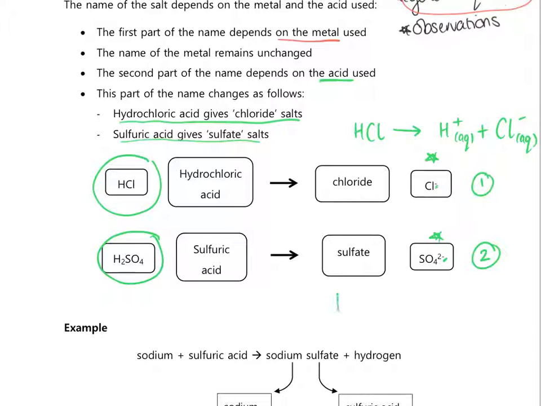Same thing with sulfuric acid. It's H2SO4. It dissolves in water to give me hydrogen ions because it's an acid, and also sulfate ions. But have a look here, you've got H2, and that means I form 2 hydrogen ions for every 1 sulfuric acid.